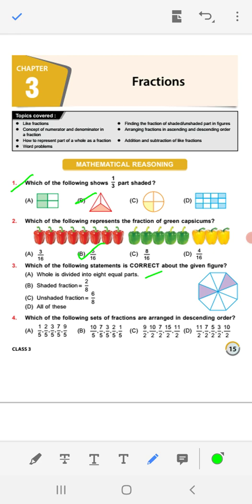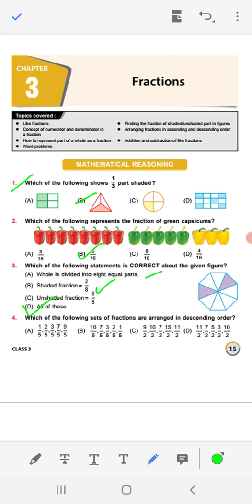Yes, there are 2 shaded parts out of 8. So shaded fraction equal to 2 by 8. This is also correct. C, unshaded fraction is 6 by 8. Total 8 parts, 2 shaded, so 6 unshaded. So unshaded fraction is 6 by 8 is correct. So all the options are correct. Here D is the correct answer.